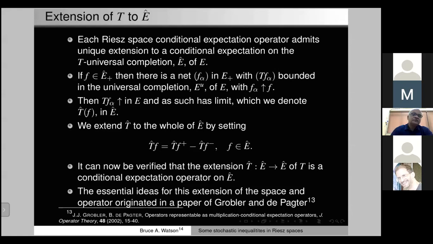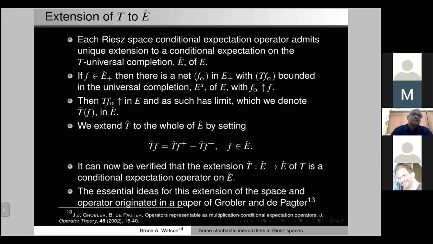This is also a limit as well as a supremum in the universal completion. Now, this exists, certainly. It also doesn't depend on which representative net we take for F. So it is well defined, and it can be shown that once we've extended this to the whole space from the positive cone, it is indeed a conditional expectation operator on E hat.